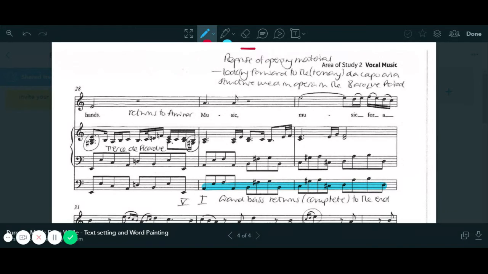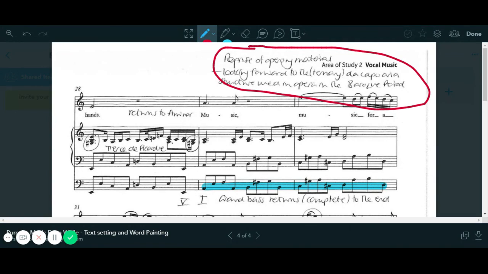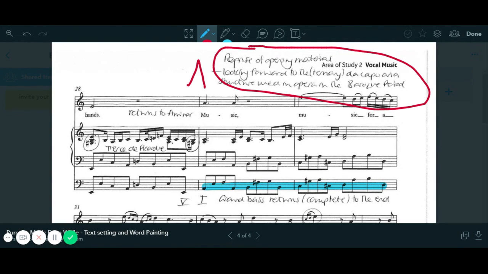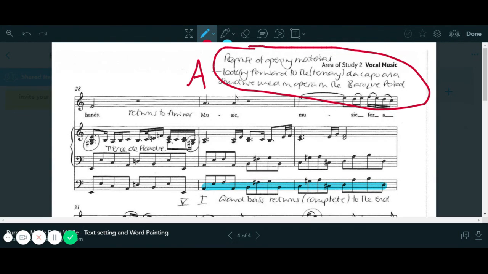Okay, so it says here, reprise of opening material looking forward to the ternary da capo aria structure. So that's where your A section comes back. So it's not a proper ternary form, as we know more obviously, but it is a ternary form in embryo, that he's looking forward to what would eventually become a very well used structural device.